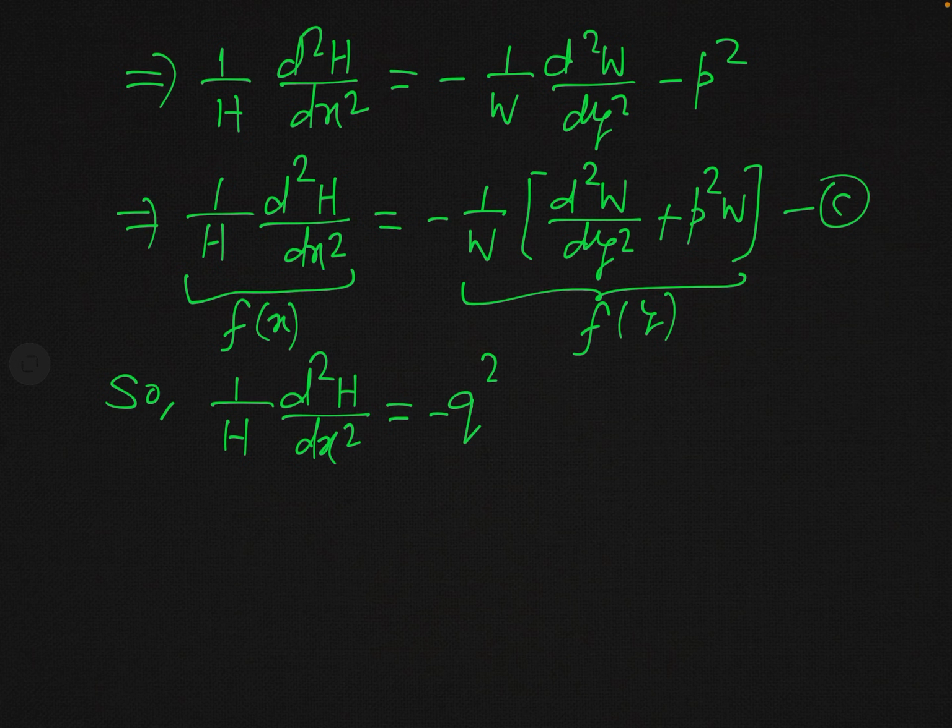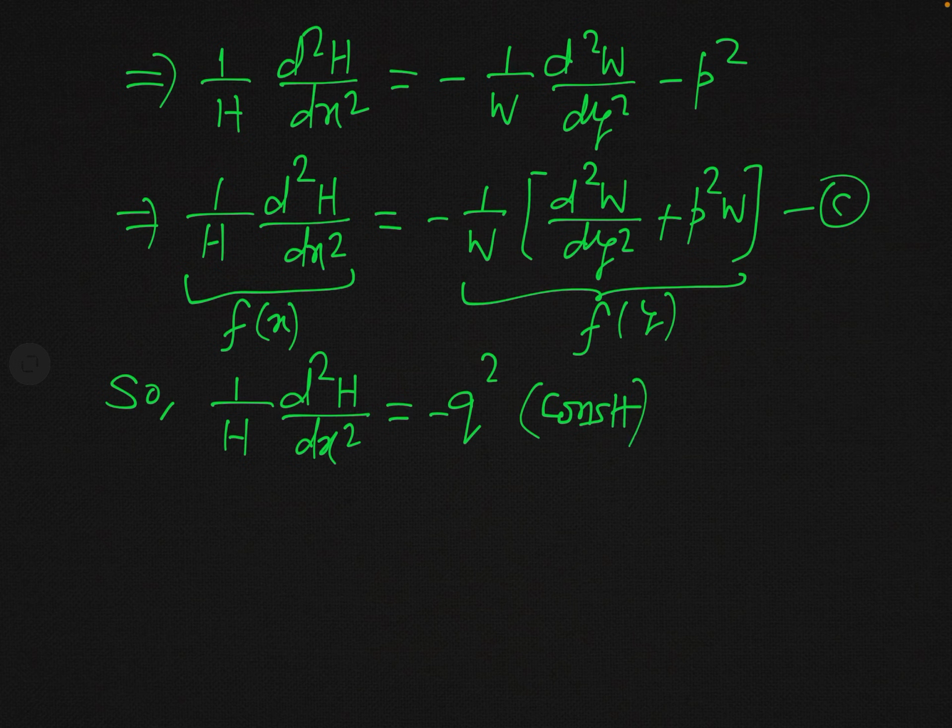Why a negative constant? You have already learnt that when we consider this separation constant 0 or positive, we do not get the proper solution of the wave equation. Only the negative separation constant gives the solution of the wave equation with proper boundary conditions. So I have considered here a negative constant equal to minus q square.